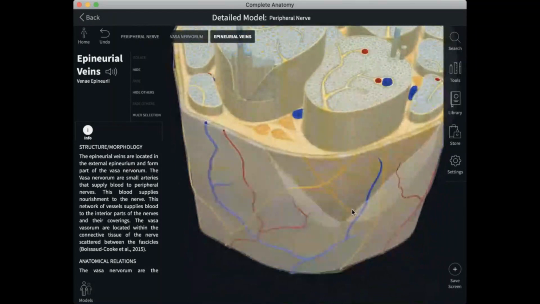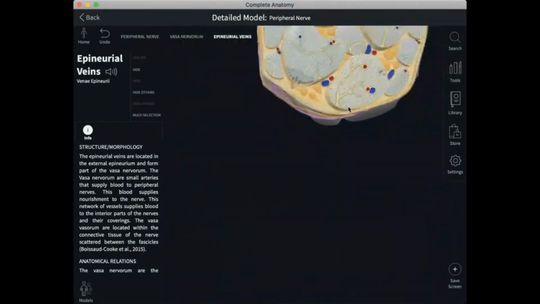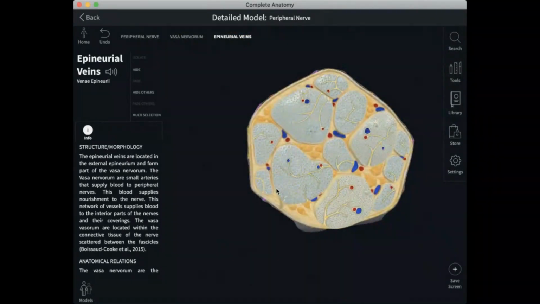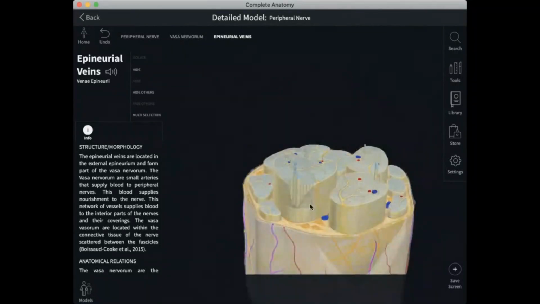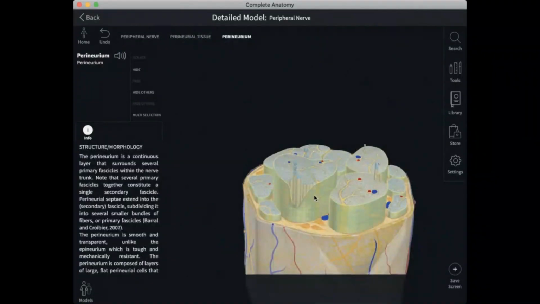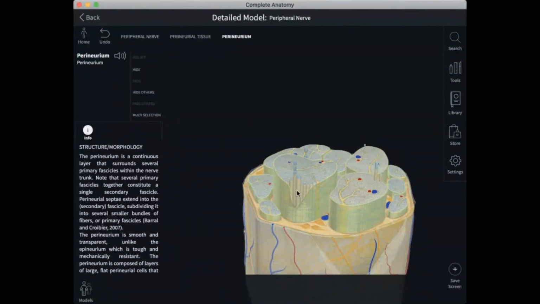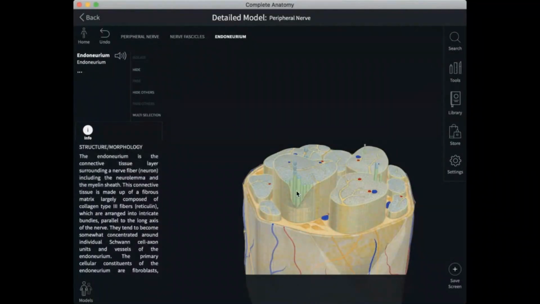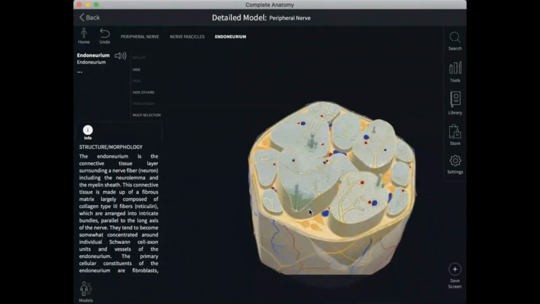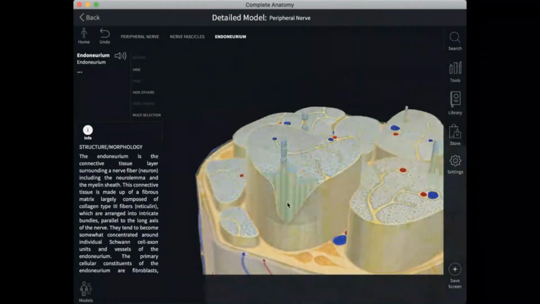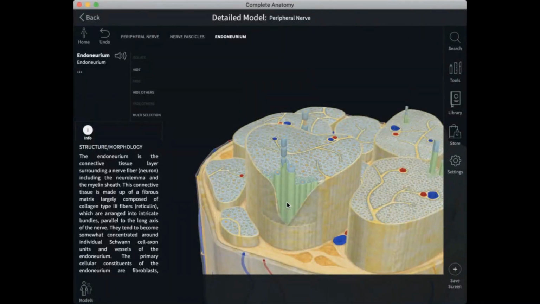Inside this nerve, if you look at the cut section, there are a lot of blocks. The covering of these blocks is called the perineurium. The epineurium is a connective tissue, and the perineurium is also a connective tissue. Inside the perineurium there are multiple small nerve fibers, which we call the endoneurium. This is actually the axon of the neuron cell.